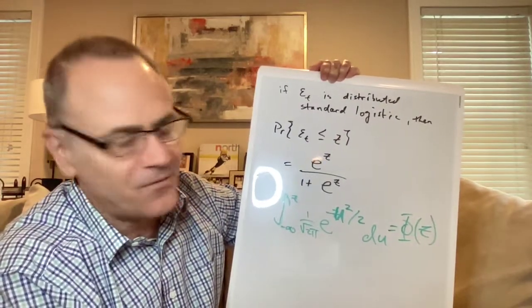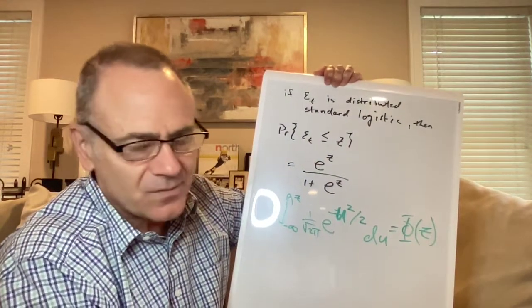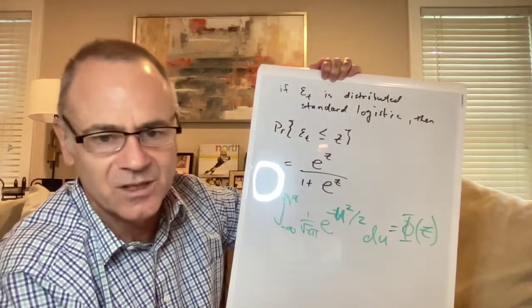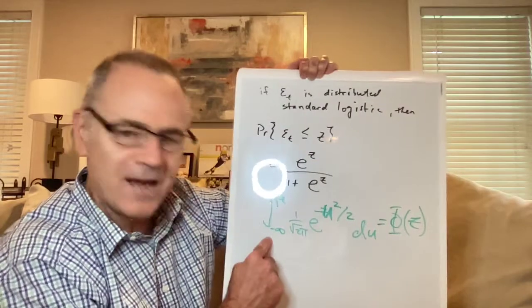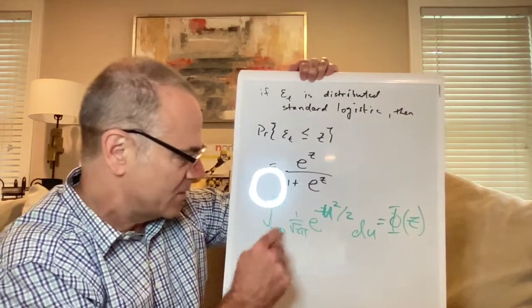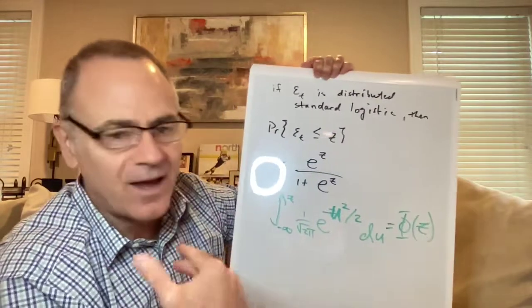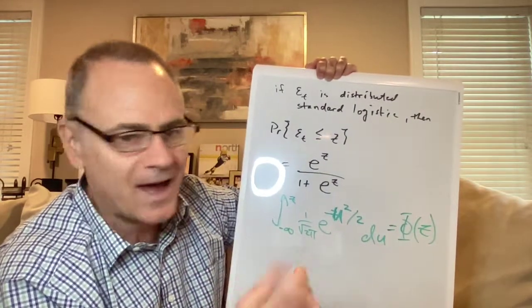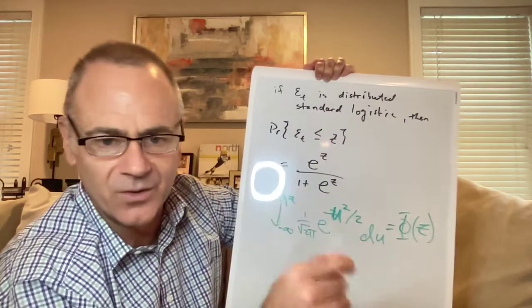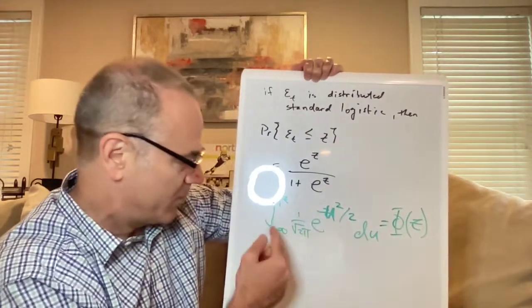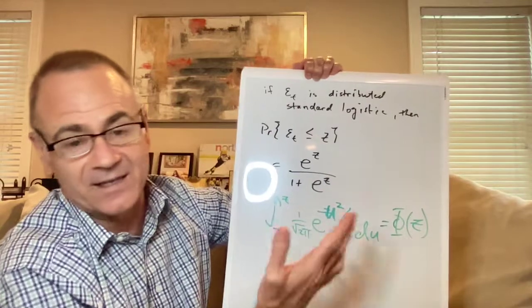In the old days, say the 70s, when computer speeds were so slow, you had to estimate that value, phi of z, numerically. You had to set up a routine in a computer, and you said, let u go from negative infinity to z.